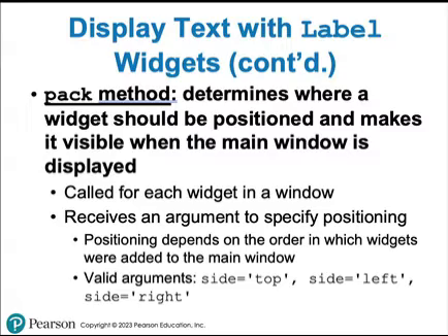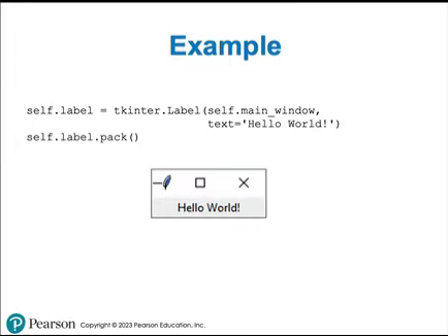So for each widget in the window you need to call the pack method, and you can tell it basically where to place it: the top, the left, the right, etc. So here we have the window, and we just call pack, which doesn't specify where we want it to appear.